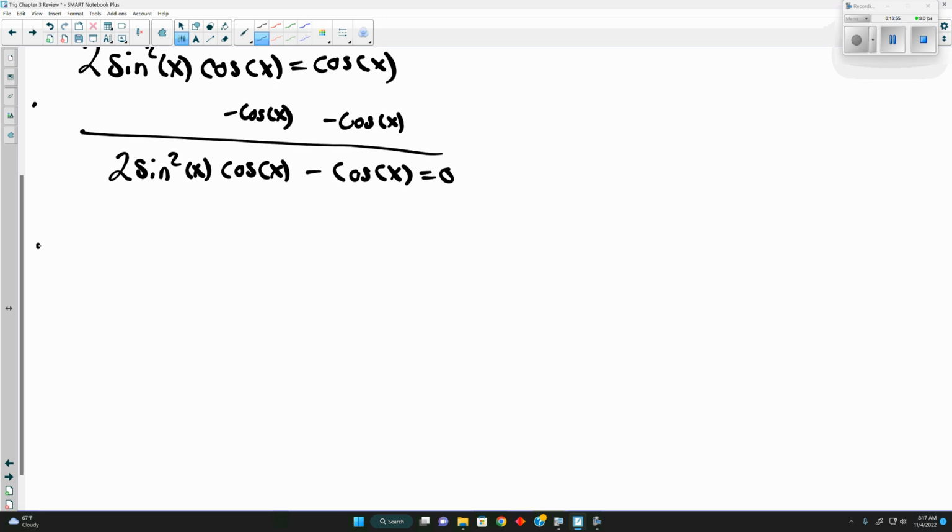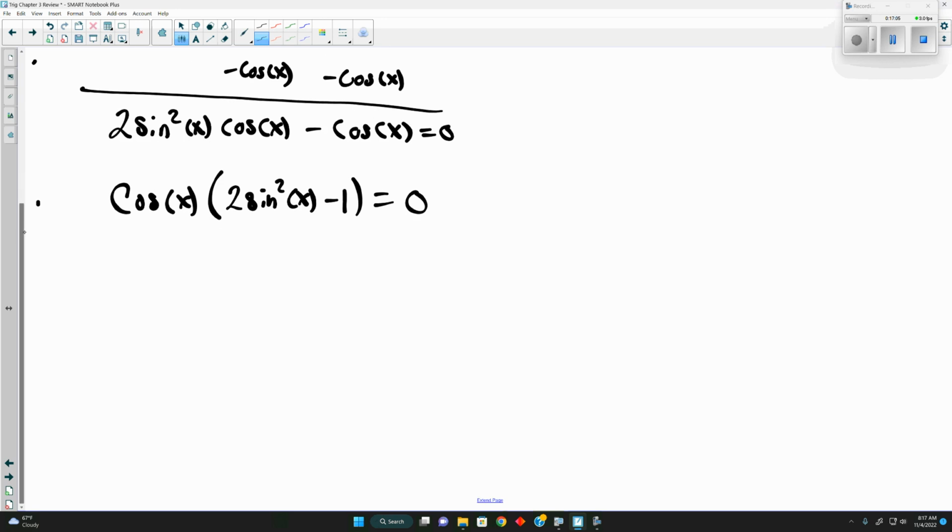Yes, we have cosine, so we can factor it out. So we can say cosine of x times 2 sine squared of x minus 1 is equal to 0. And again, we have two things multiplied together to equal 0, so one of them must be 0.